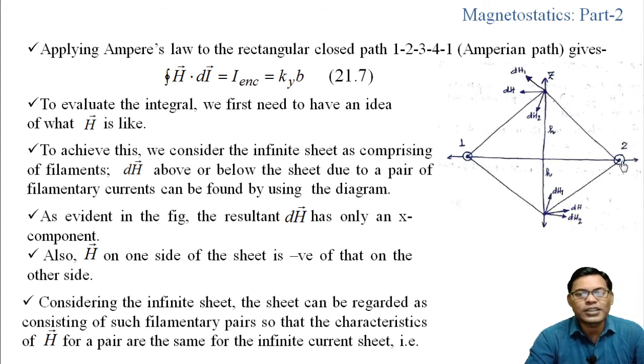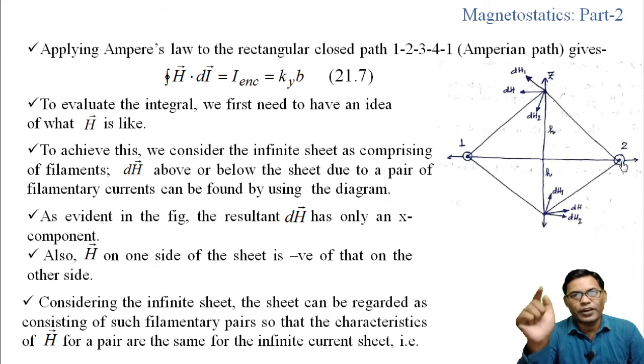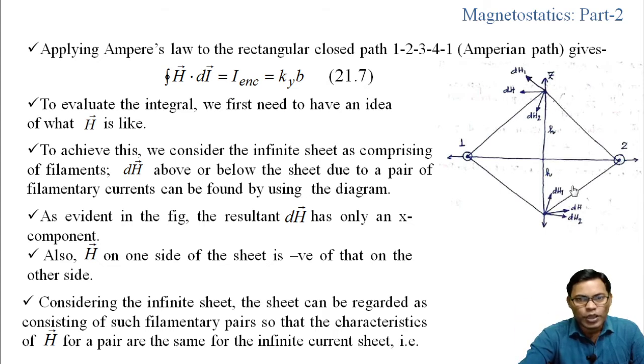Similarly, for this filamentary current carrying conductor also, the magnetic field will rotate along the circular path. So here also the circular path will represent the magnetic field intensity, and at this point it will be tangential, represented as dH2.